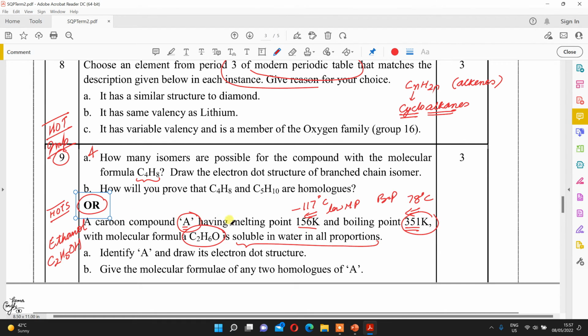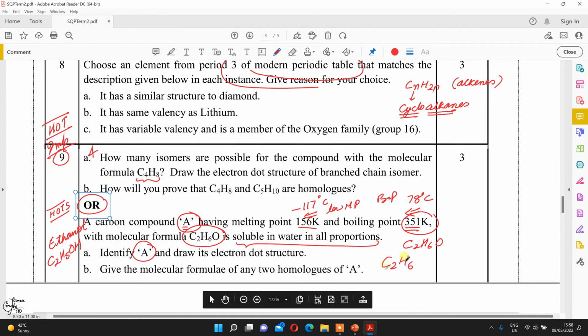So a compound A having melting point 156 Kelvin and boiling point 351 Kelvin, the molecular formula, this is soluble in water in all proportion. Identify A. So here you should have a little idea about this compound, and A here is nothing but ethanol, C2H6O. Actually what it is, you have your ethane, C2H6.